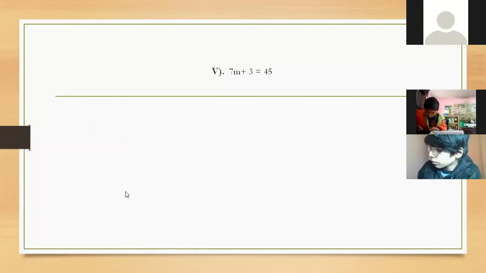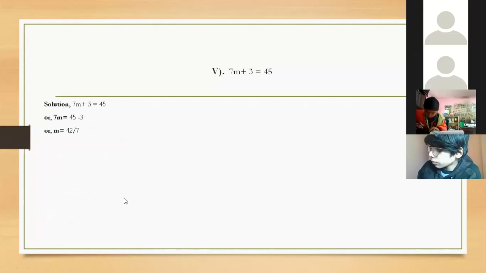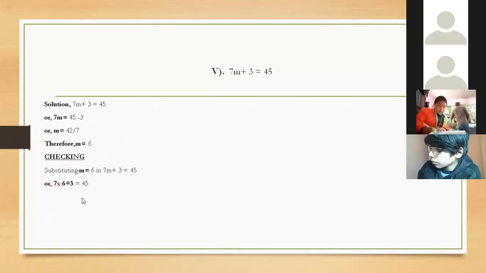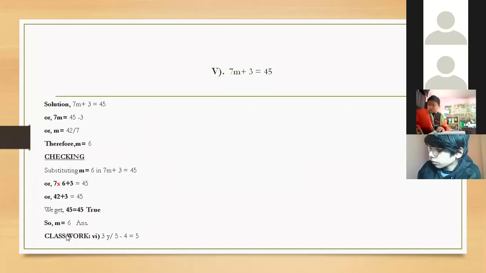It's so confusing. Let's do this. Okay, sir. 7m plus 3 equals 45. While checking you have to put the value m equals 6. So the answer is m equals 6. 7m plus 3 equals 45, or 7m is equal to 45 minus 3.